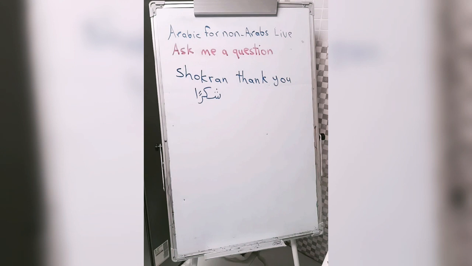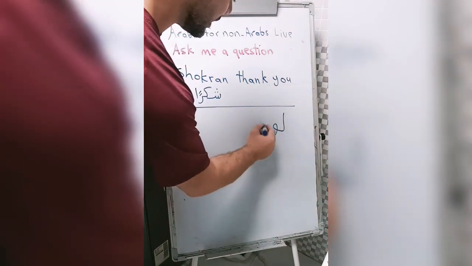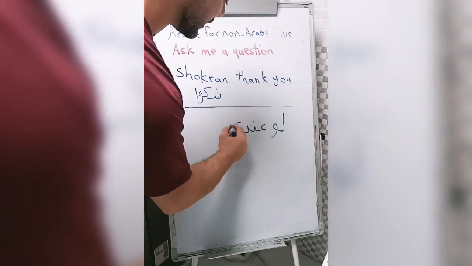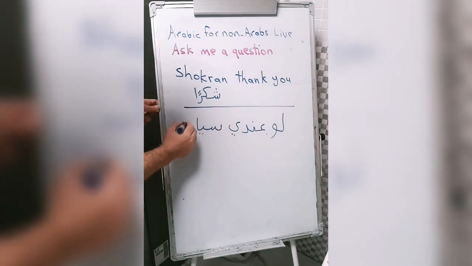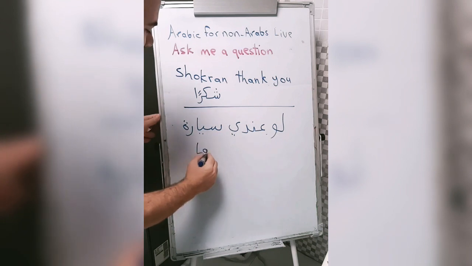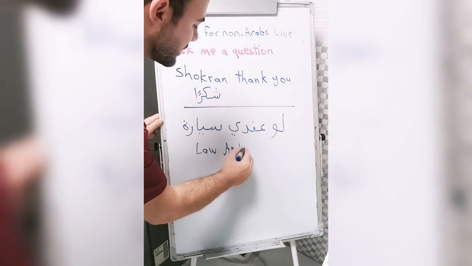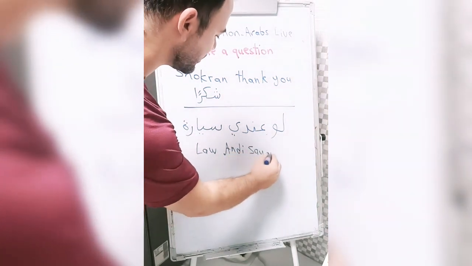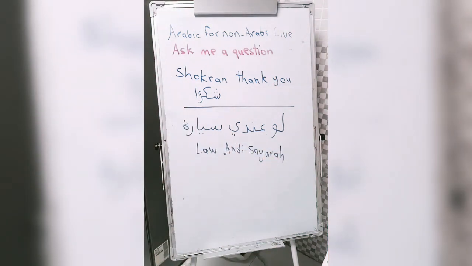If I had a car, I would drive there. For example, I had a car. If I had, we say لو عندي. We're talking about spoken, huh? سيارة. If I had. لو, not low. لو عندي سيارة. Okay.